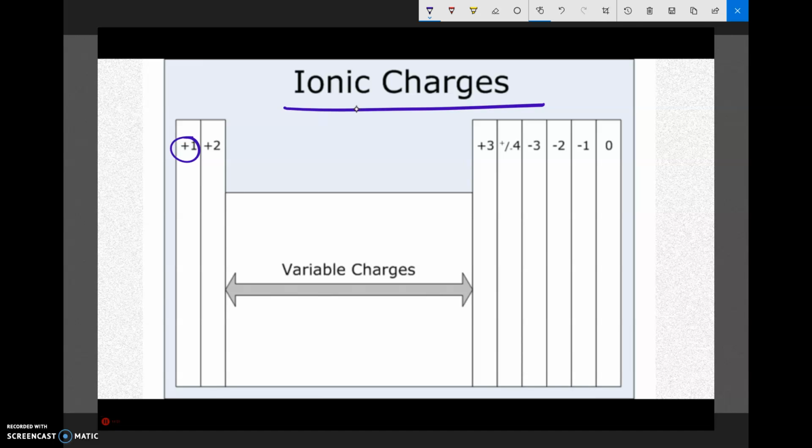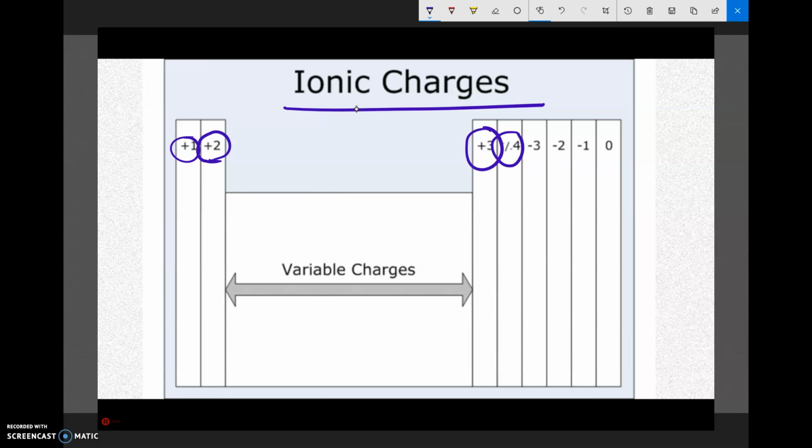Anything in group 2 wants to lose 2 electrons, 2 valence, so it's going to be a +2. These guys in the middle have variable charges, and we're going to talk a little bit more about those on Wednesday or Thursday. Then group 13 wants to lose 3, so it's a +3 charge. Group 14 can be a plus or a -4.